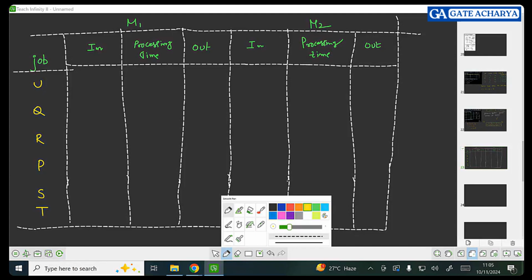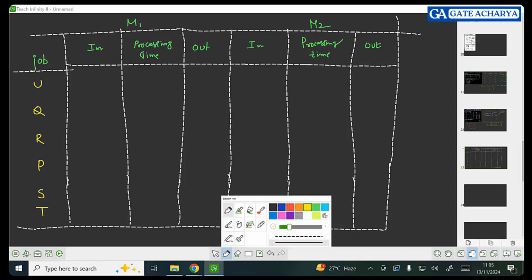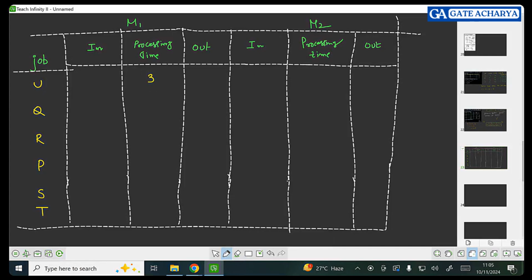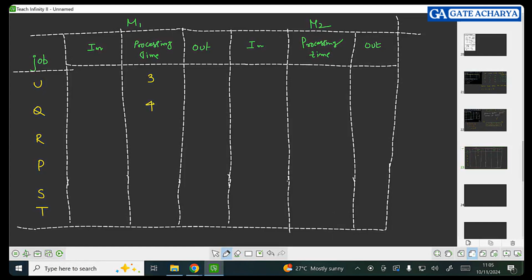3. Next Q is 7, right? Next 4. Next 7, 6, 12, and 8. From your book, you try to solve. Don't copy here.